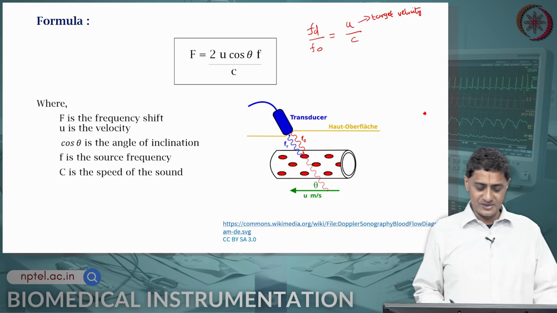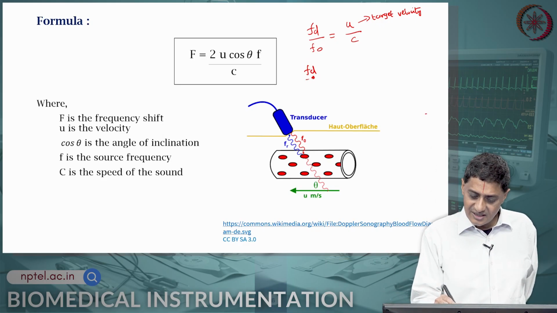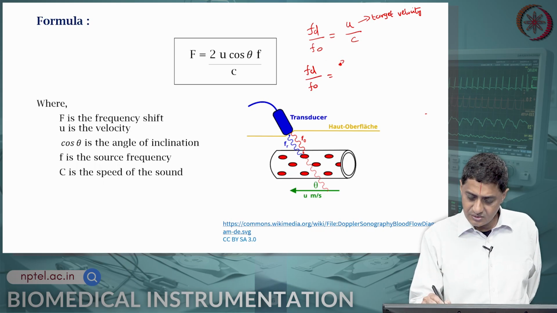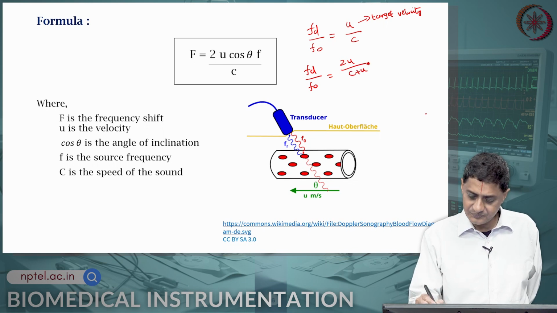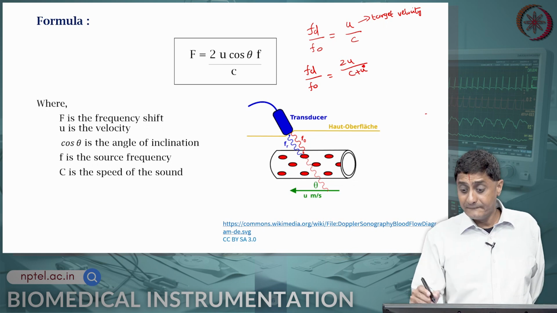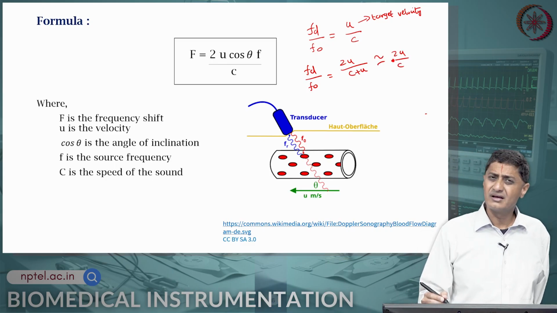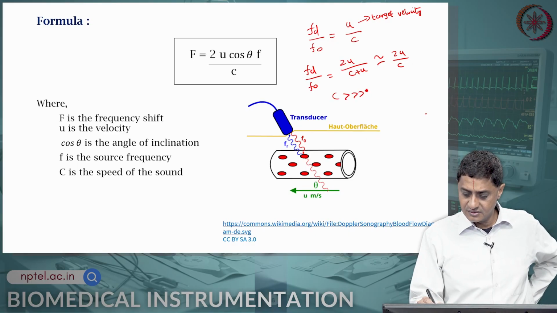There are two. So, I could essentially describe this as FD by FO is 2U divided by C plus U. But this is approximately 2U divided by C. Why? Because C is much greater than U.